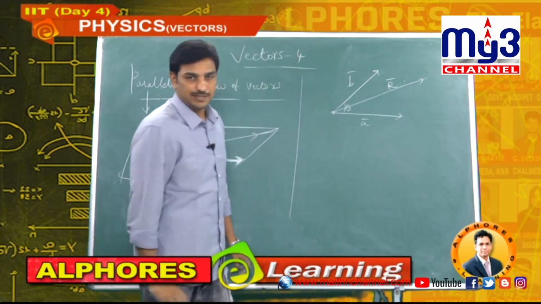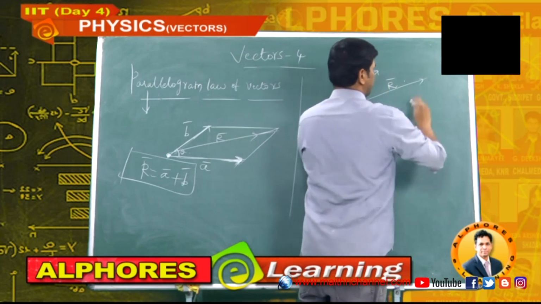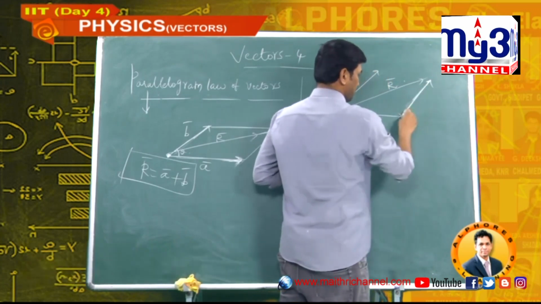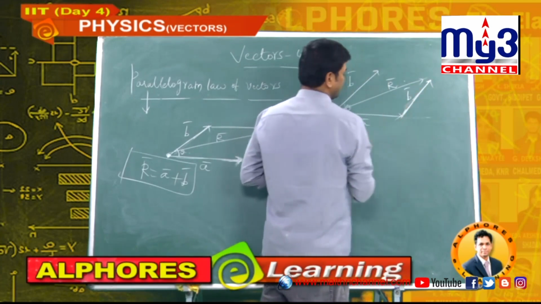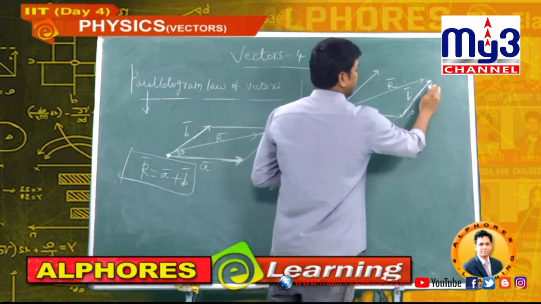That is called parallel shifting. B bar, from here to here I am shifting. It is B bar, just a dotted line. This is theta, this also theta. Now it is also a dotted line.